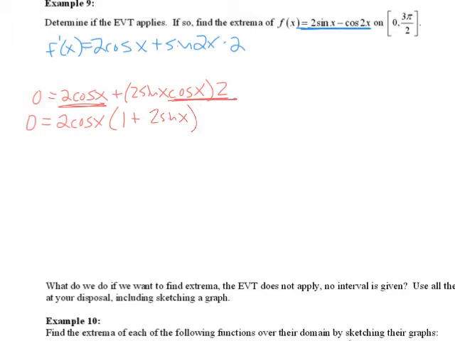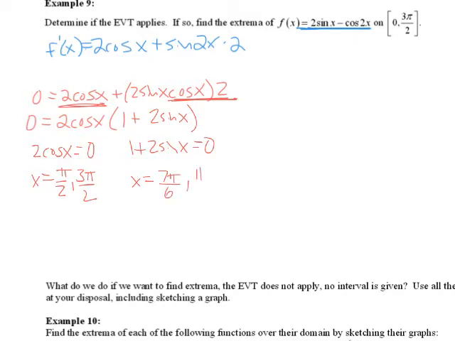Using our zero product property, we can either say that 2 cosine x is equal to 0, giving us x values of pi halves and 3 pi halves, or we can say that 1 plus 2 sine x is equal to 0. Solving that, we get values of 7 pi over 6 and 11 pi over 6.